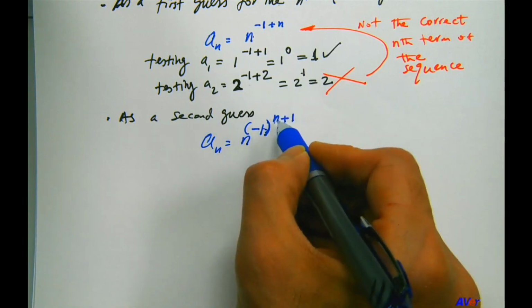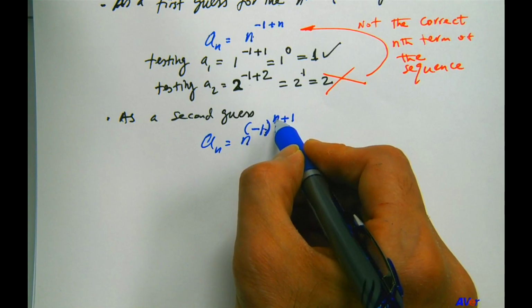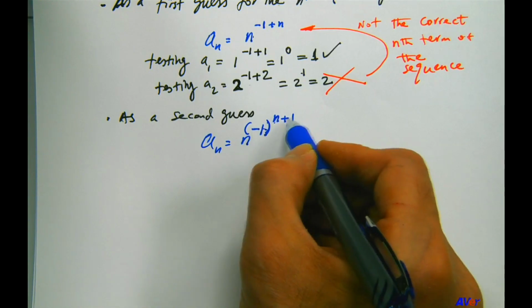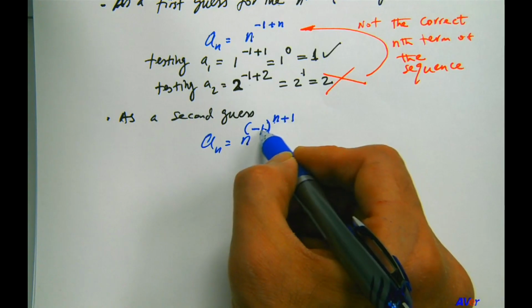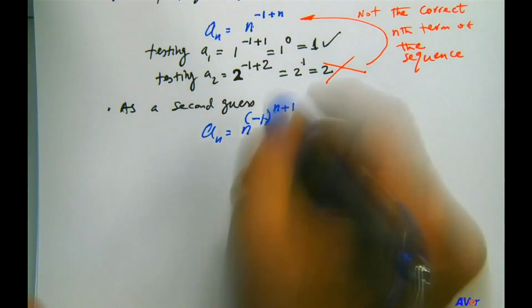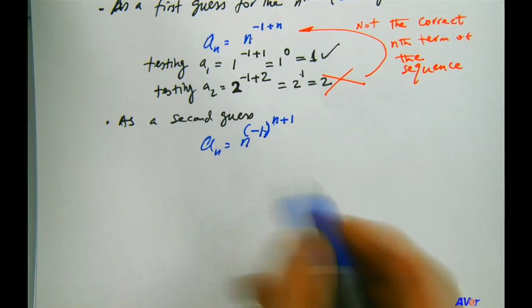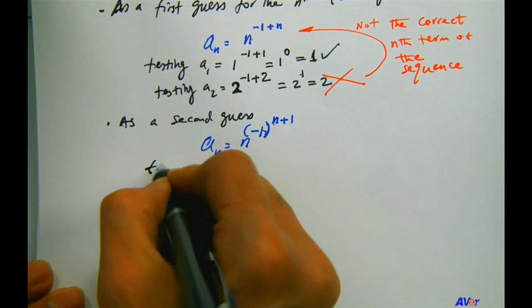Because if you're looking for the second digit, then you plug in 2 for n. 2 plus 1 is 3, which is odd, which means this negative 1 is going to be preserved, and that's what we want. So I made this modification. Now let's test using this.